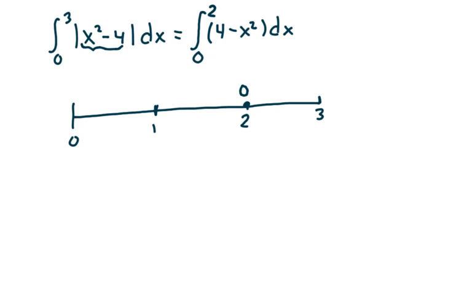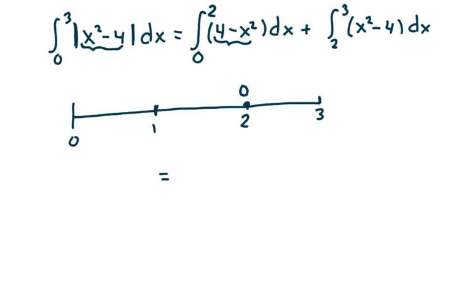We have to have a positive number because of these absolute value bars. So I have to take the opposite of x squared minus 4. The opposite of x squared minus 4 is 4 minus x squared. I just changed the sign of each of the terms. But if I go from 2 to 3, I can strip away those absolute value bars and just write x squared minus 4. That's how this works.